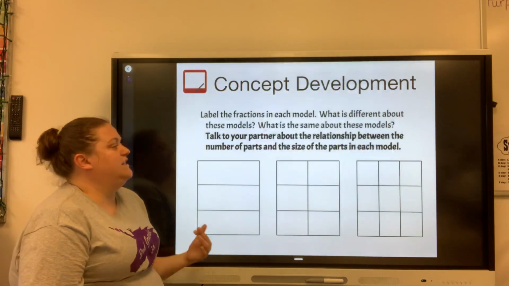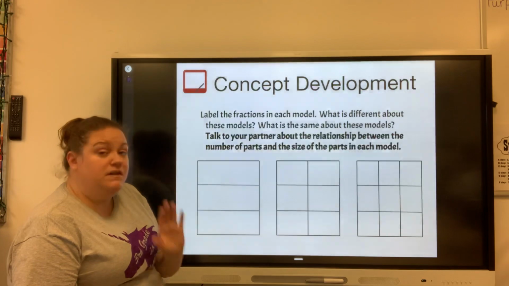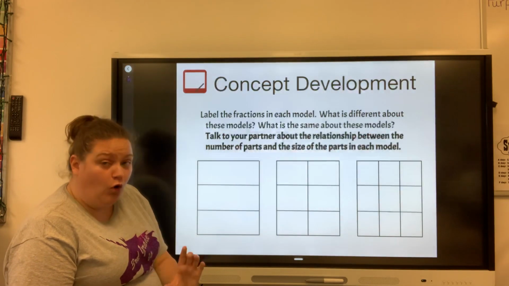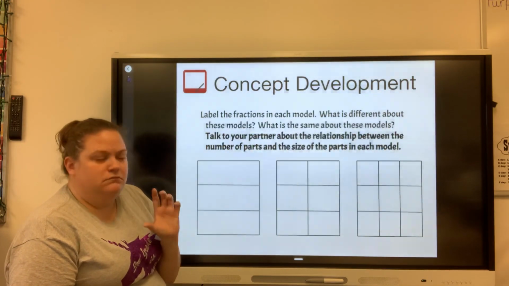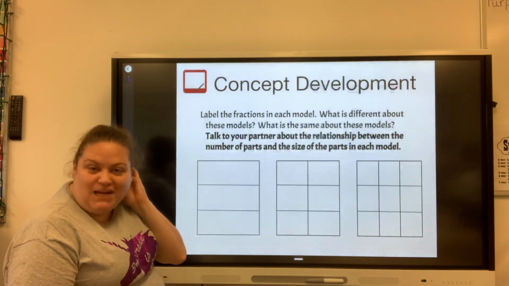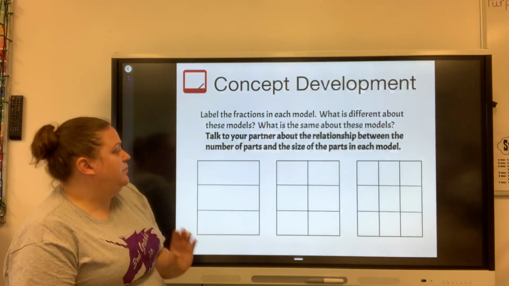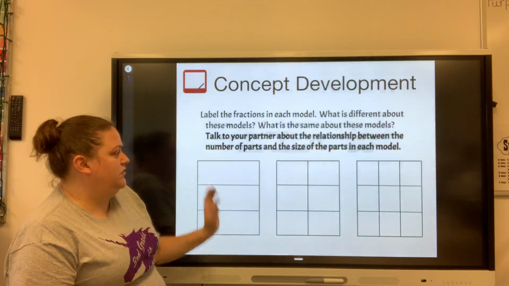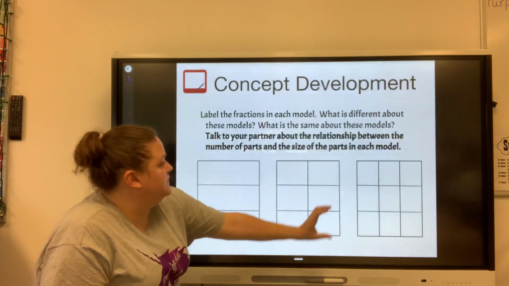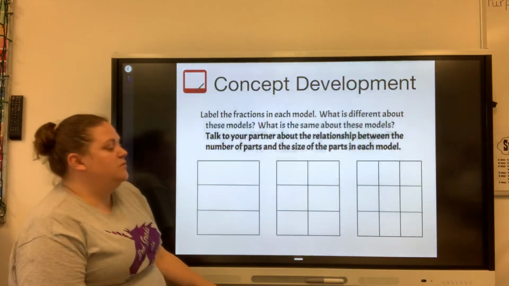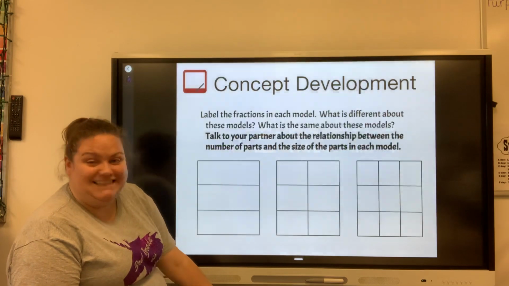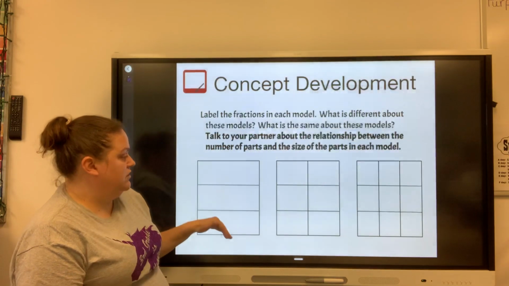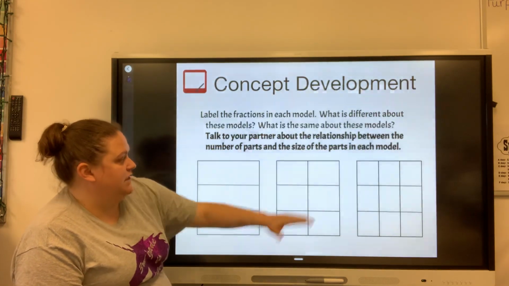So what's different about these models? They're the exact size whole, shape the same. But we've divided this one into thirds, this one's into sixths, and this one's into ninths. So we've divided it into more pieces. So we started out with thirds, then we doubled it to sixths, and then we went to ninths.